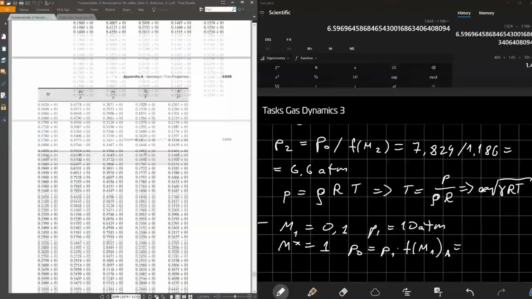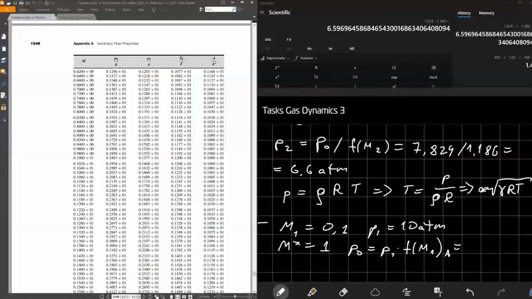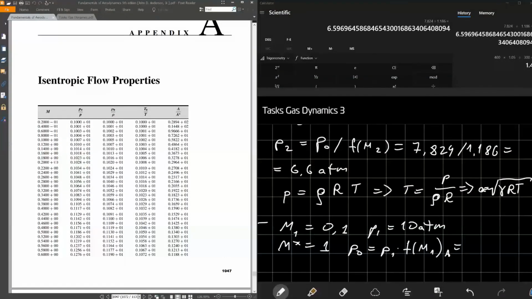So I will see my Mach 0.1 here, and it's basically 1007. I multiply by 10, so I receive 1007. We already had this, if you remember, in some of the previous examples, 1007 ATM.